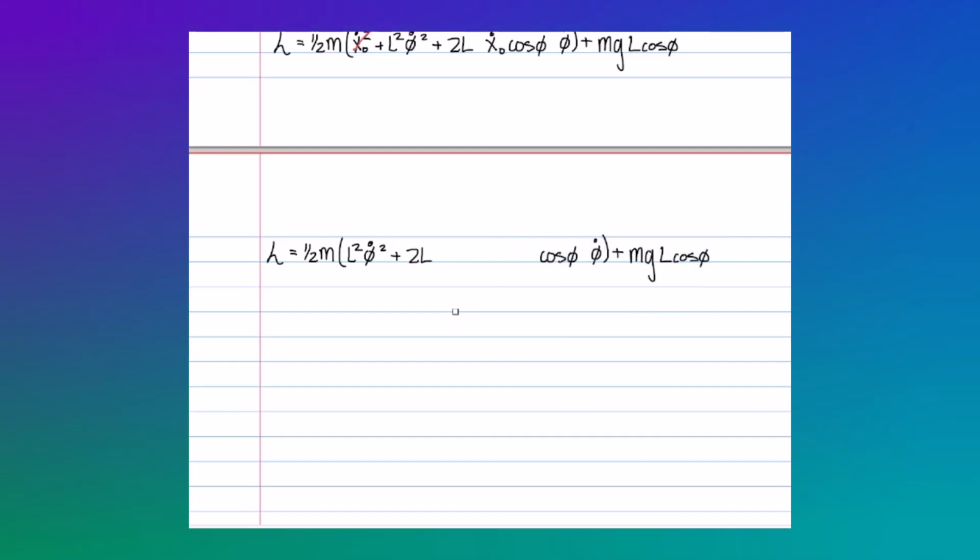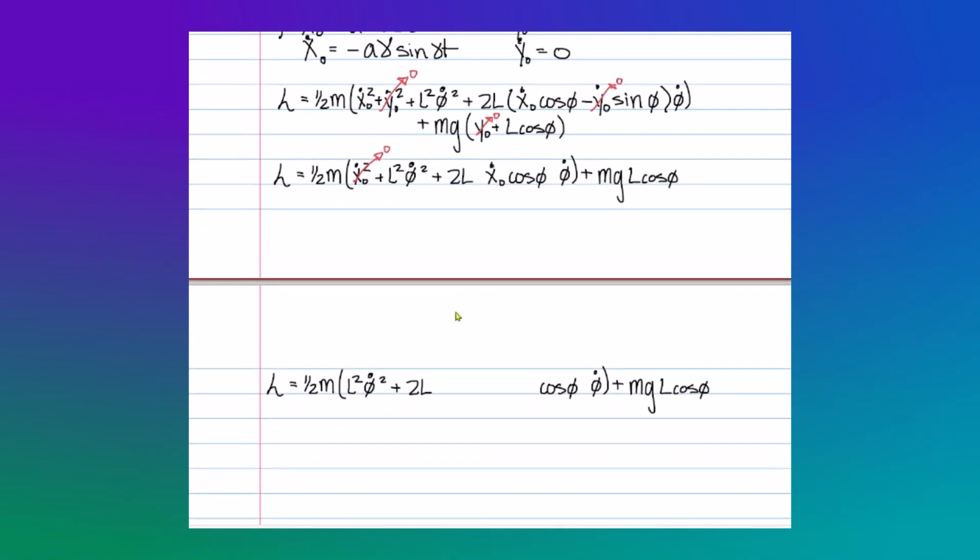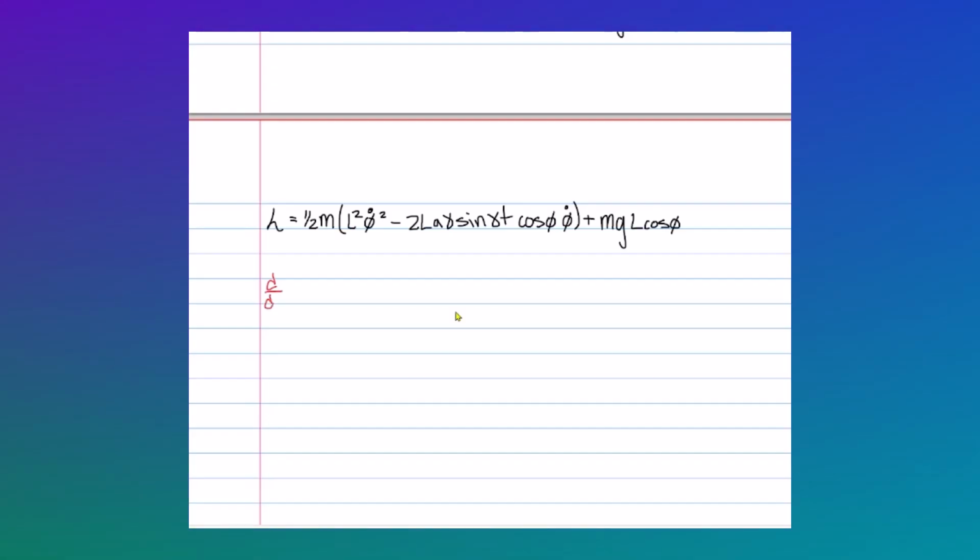Now we can plug in for x naught. And again, we can use a similar trick in order to eliminate phi dot.